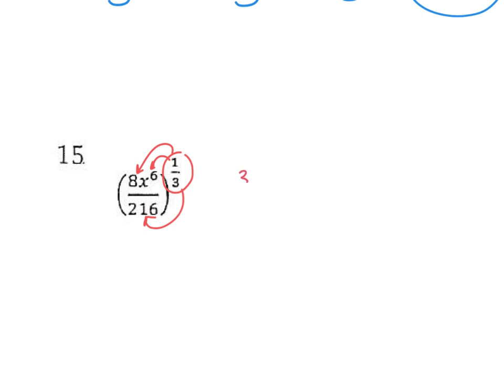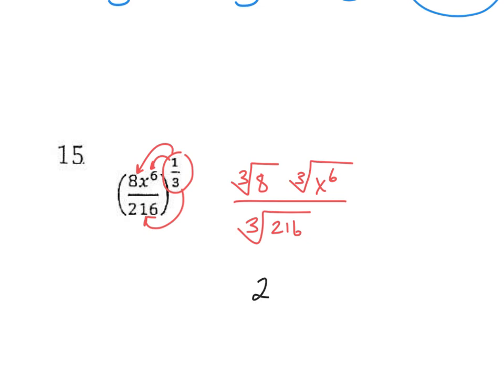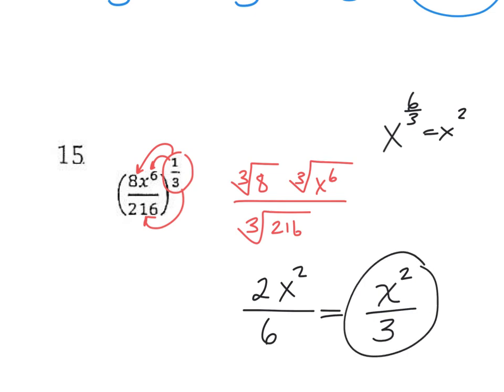So really what we're left with is the cube root of 8 times the cube root of x to the 6th divided by the cube root of 216. All of those are going to simplify and our radicals will disappear. The cube root of 8 is 2. The cube root of x to the 6th, well, that's the same as x to the 6/3 or x squared. And the cube root of 216 is 6, which we can simplify our fraction down to x squared over 3.